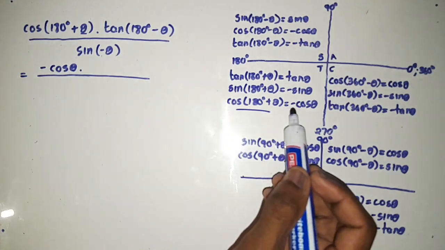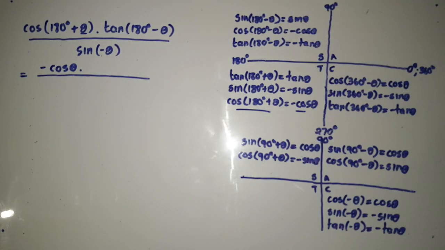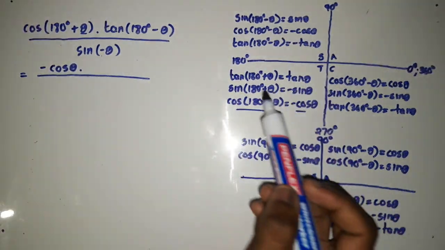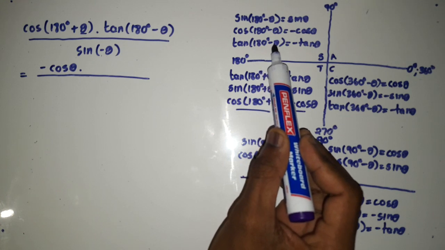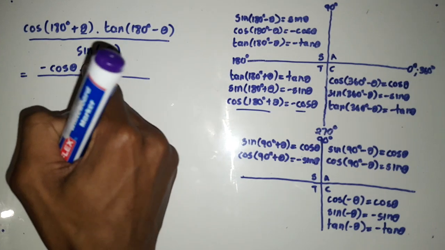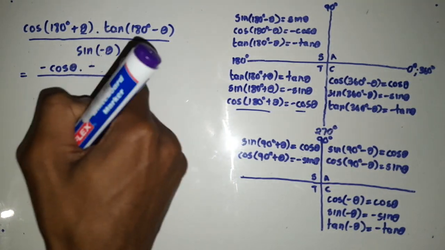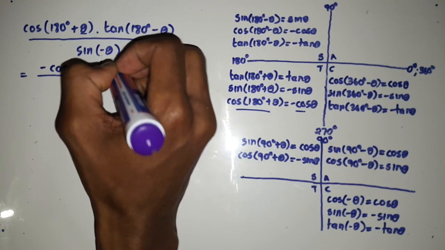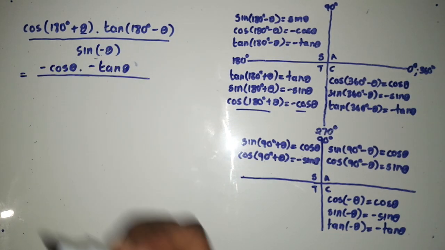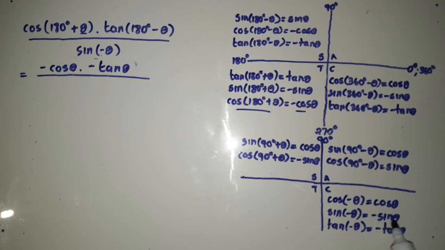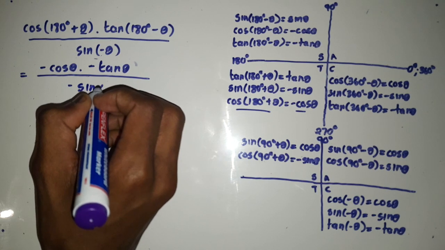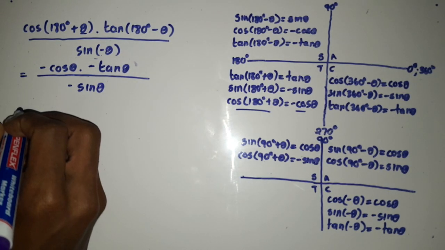Then as for tan(180 minus theta), I get negative tan theta. Then for the negative angle of sine, sine of negative theta, we get negative sine theta. See?